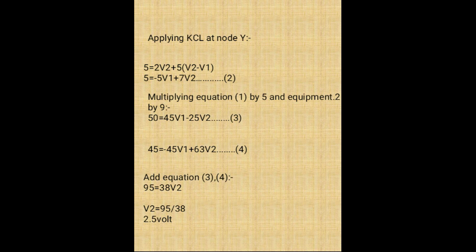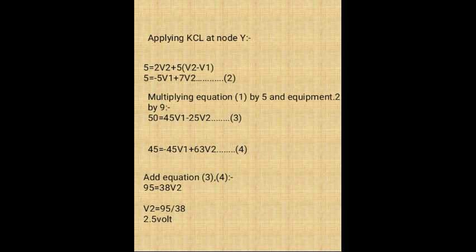In the given two equations, there are two unknowns, V1 and V2. To find the values of V1 and V2, we will solve these two equations. Multiplying equation 1 by 5 and equation 2 by 9: from equation 1, 50 = 45V1 − 25V2, so the new equation is 3.